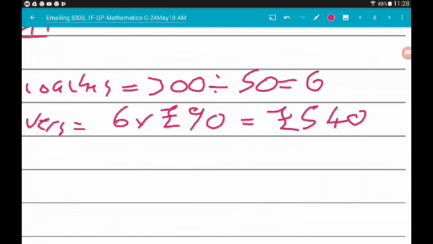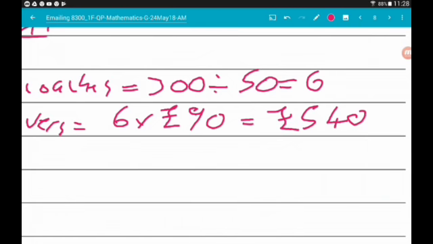And then 2 times £70 is £140. So that is the cost of fuel for each coach.